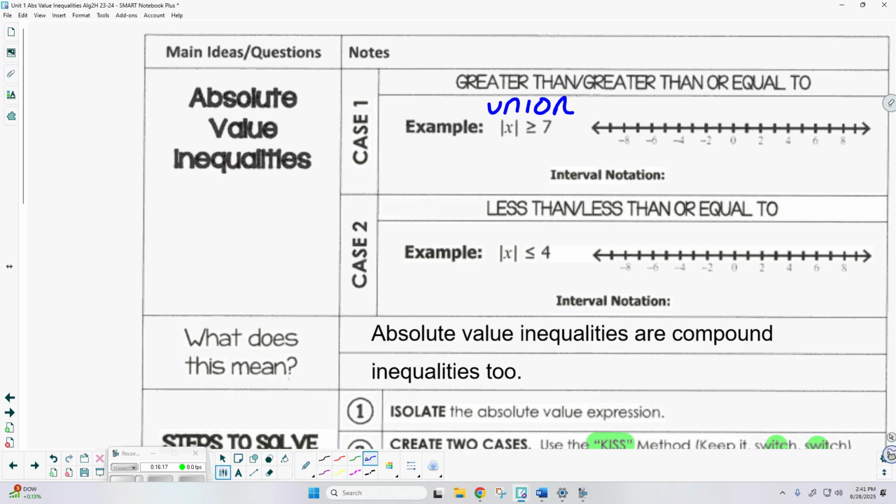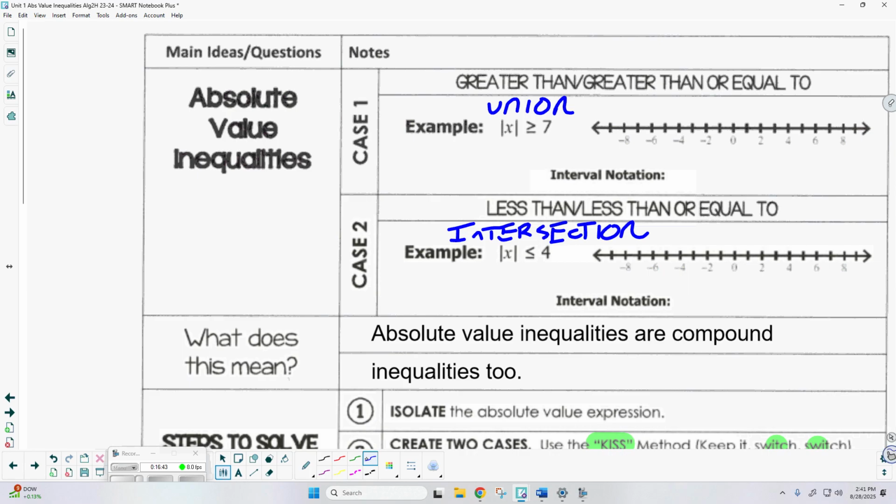It's a union. Now take a look at case number 2. If the absolute value is less than, what do you think this is? That's an intersection. There we go. That is exactly right.